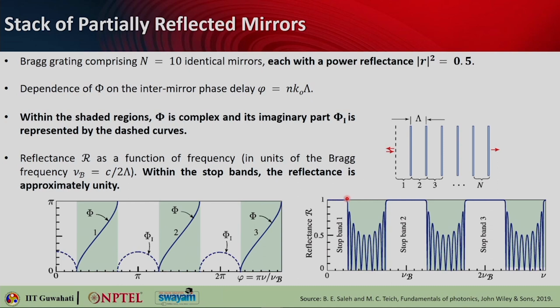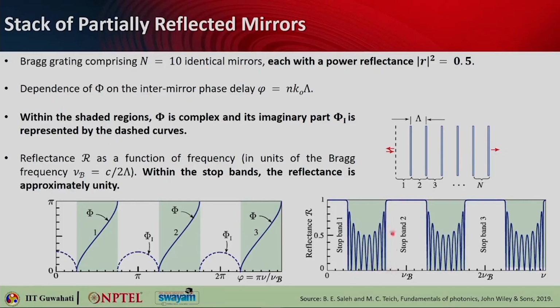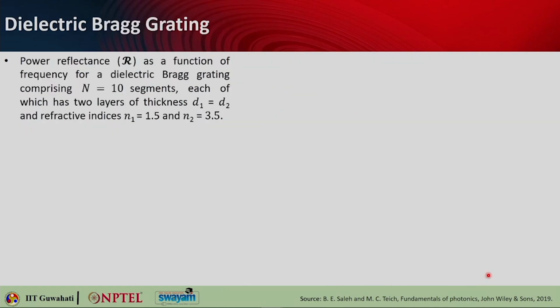Stop band means you are getting reflectance completely 1, and then suddenly it drops, and then again it goes back. So at every integral multiple of nu b, and at 0, you will get this stop band. That is how you can use a Bragg grating as a band stop filter, and you can make it reflect a particular wavelength.